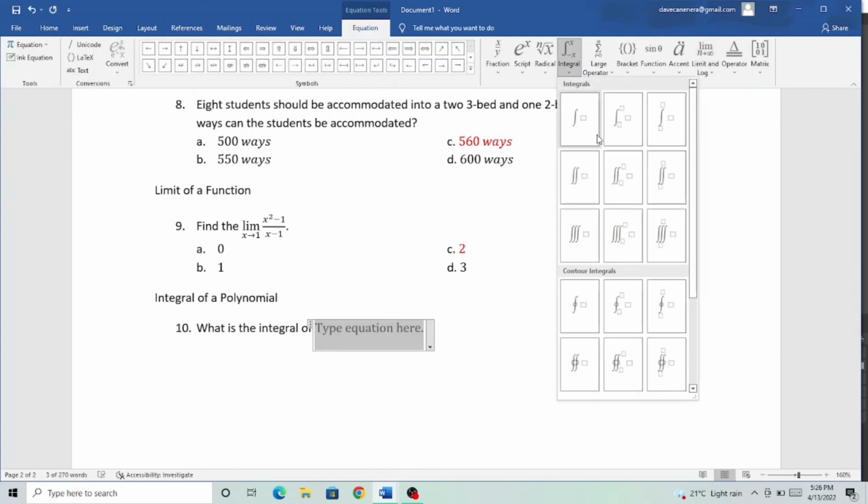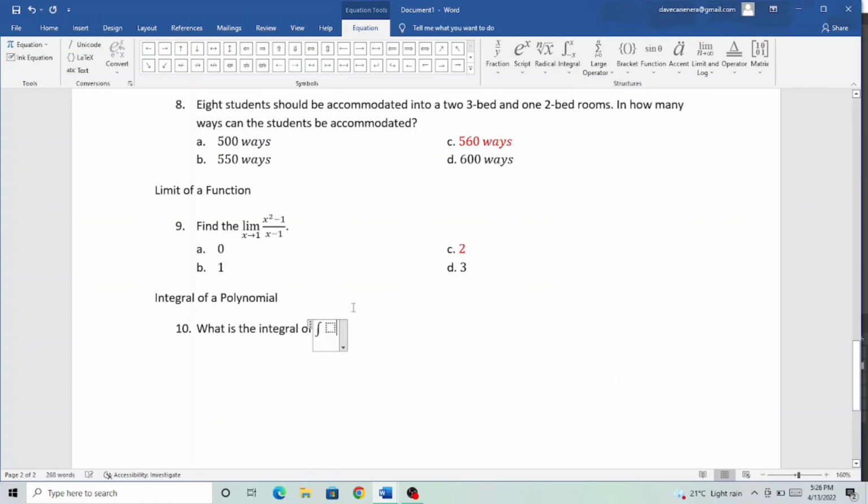You have your integral, and since we are using the indefinite integral, let's say we have x cubed plus 4x squared plus 5 dx.